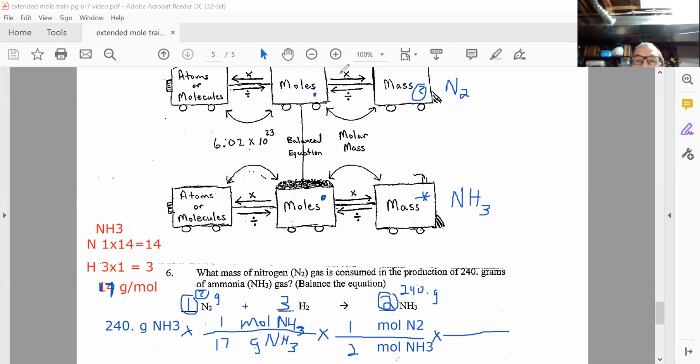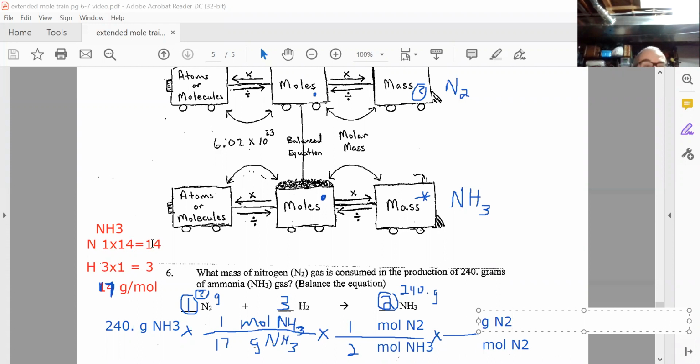It looks like we're going to multiply by the molar mass of N2. So I'm going to put what I know on the bottom, which is moles of N2 this time. And then what's going to go on top is going to be my grams of N2. Right? And what is the molar mass of N2?